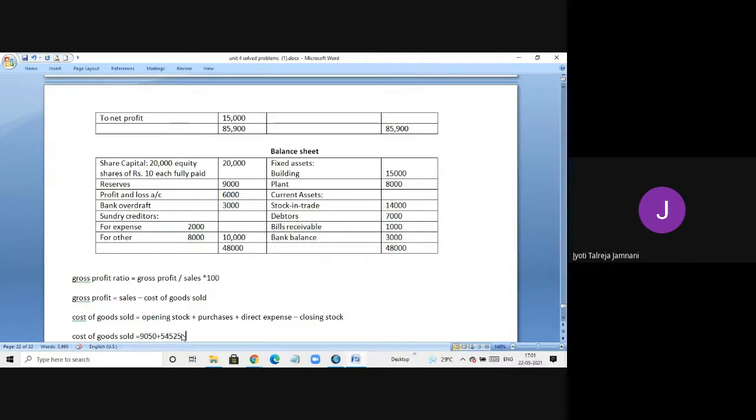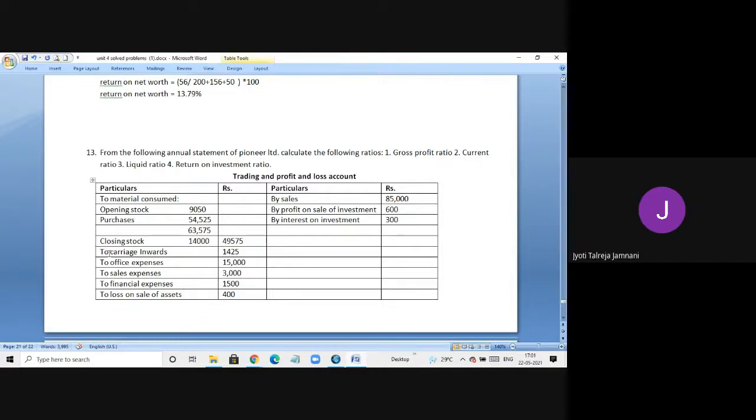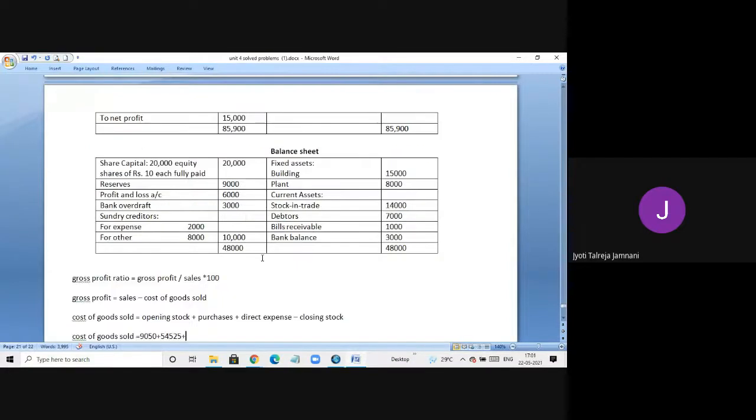Plus we'll see if there are any direct expenses. If you see here, you have carriage inwards. Carriage inward, we take it as direct expense. We take it in the trading account, not in the P&L account. If it was only carriage or carriage outwards, it was indirect, but because it is inward, it's a direct expense. All other things are indirect expenses, office, sales, finance. So we'll take only carriage inward, 1,425.